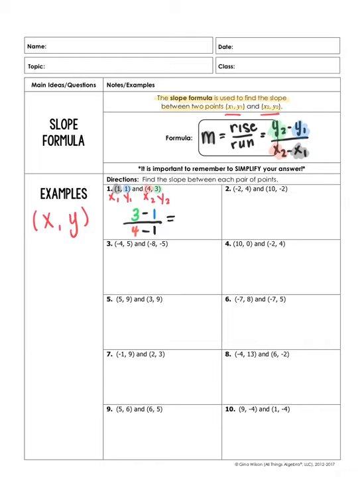So when I simplify this, 3 minus 1 makes 2, and 4 minus 1 makes 3. So my slope between those 2 points is 2/3. Up 2, right 3, 2/3.